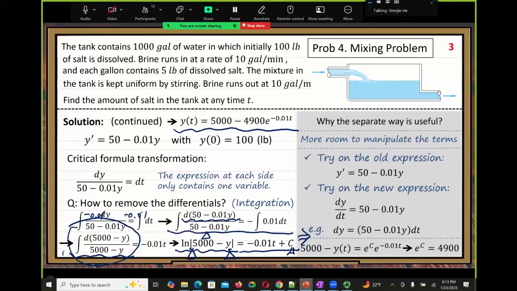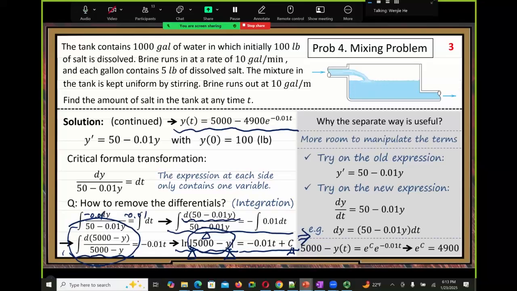So you need to convince people that 5,000 minus y must be positive. So let's answer this question. Why? y must be less than 5,000.